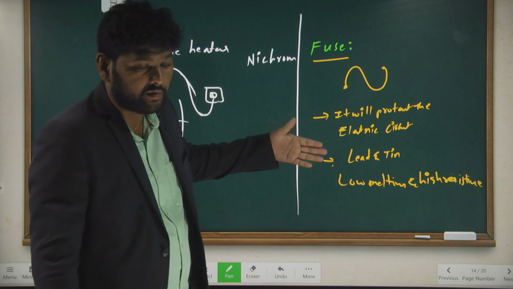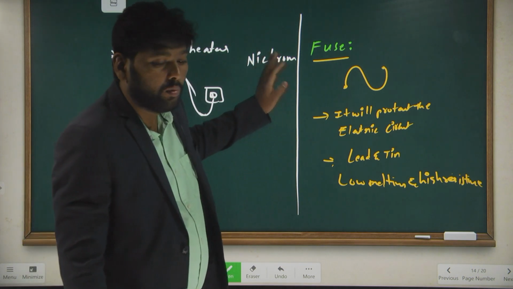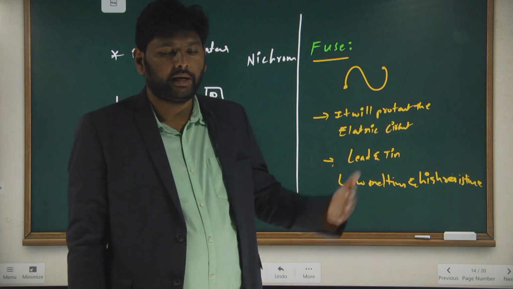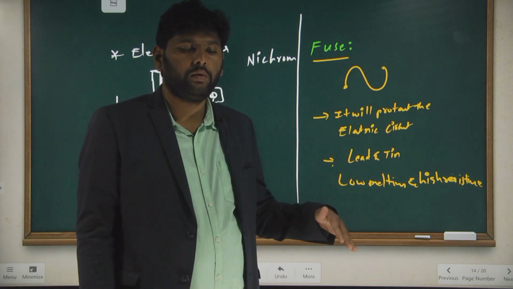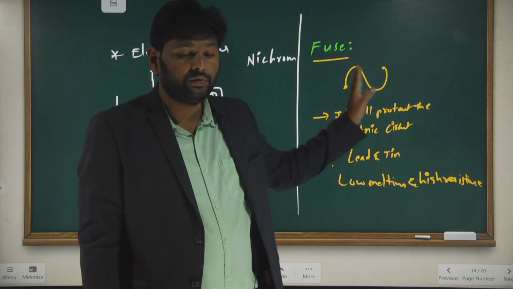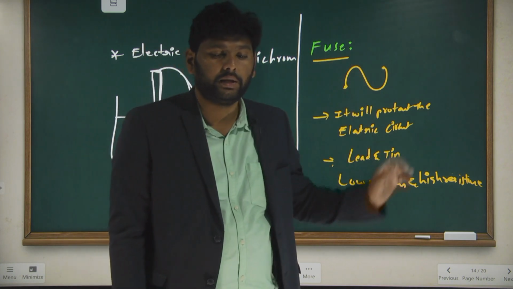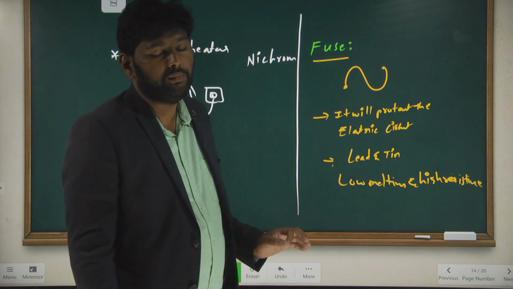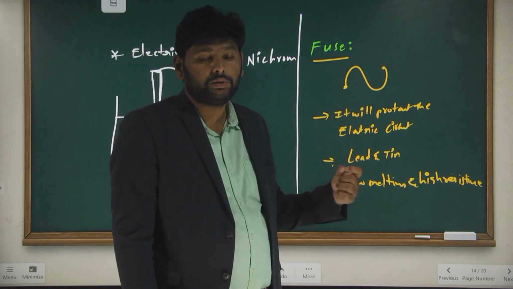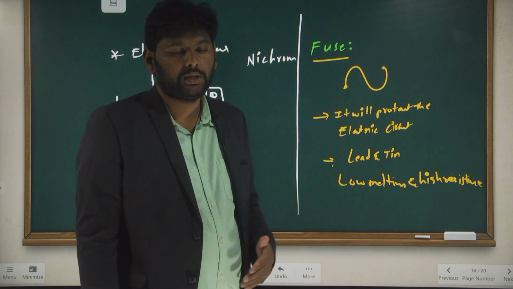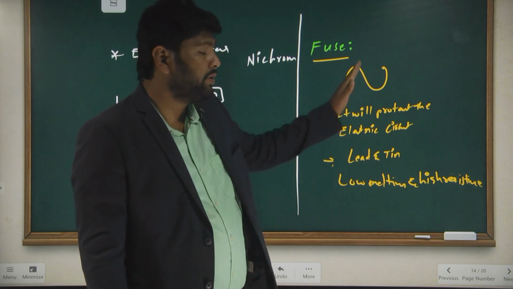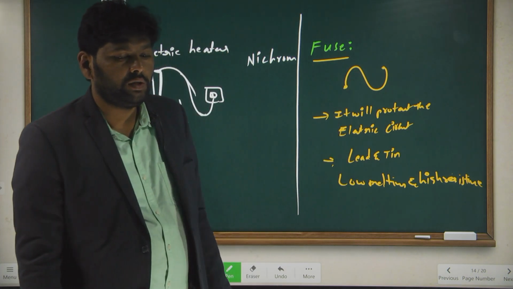The concept of the fuse is this: when the current flowing is more than the rated current, the fuse melts, and when the fuse melts, the circuit breaks. Why does the fuse melt? Because when more current flows through the fuse, heat is produced. That heat melts the fuse, so the circuit breaks. That is how the fuse works.